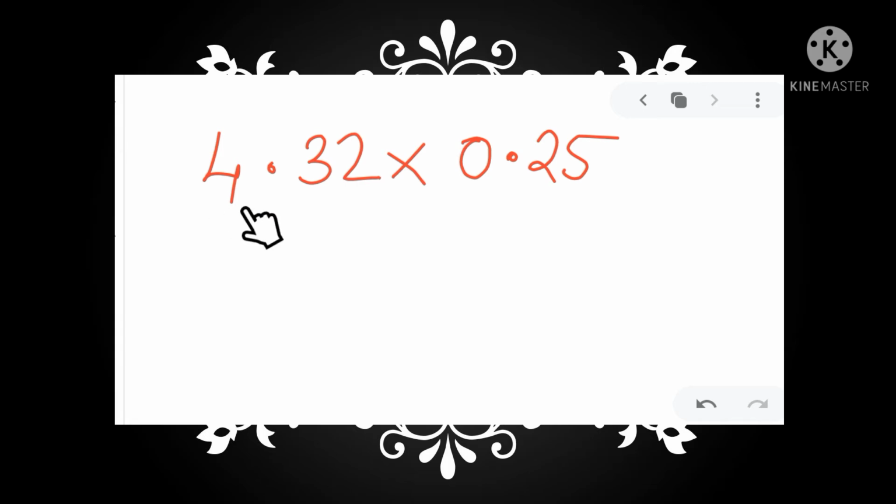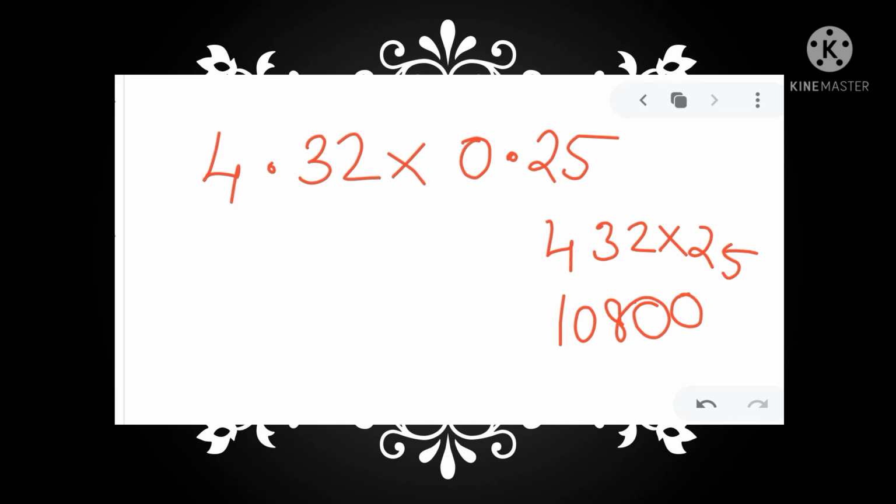Next question, 4.32 into 0.25. In this, we can see the number of decimal places in each number: the first number contains 2, the second number contains 2. That is total 4 decimal places in the product. First we want to find 432 into 25.